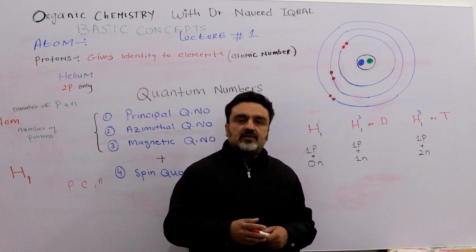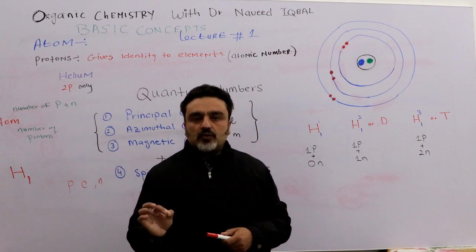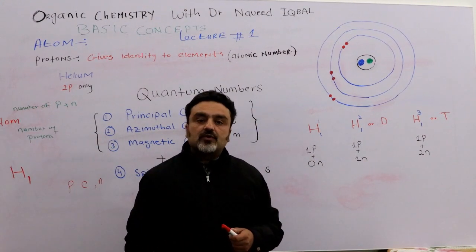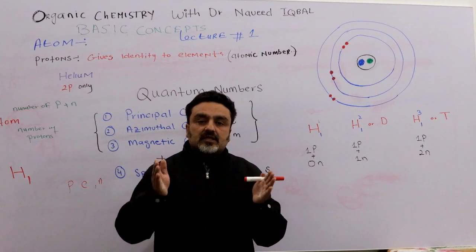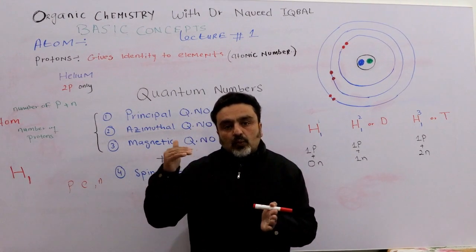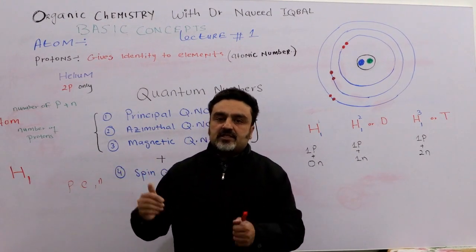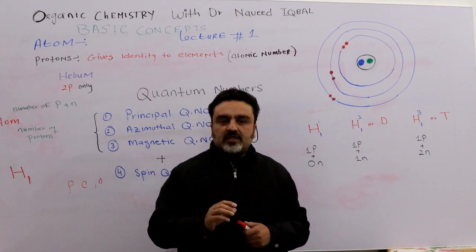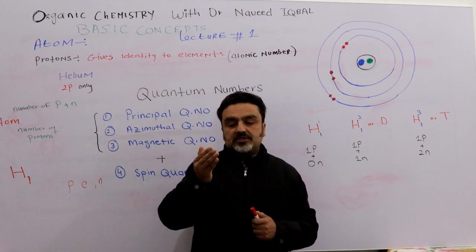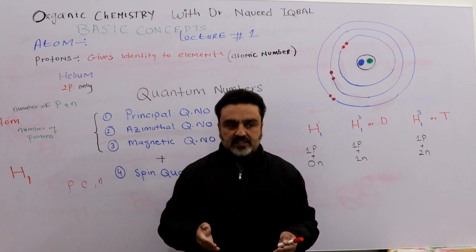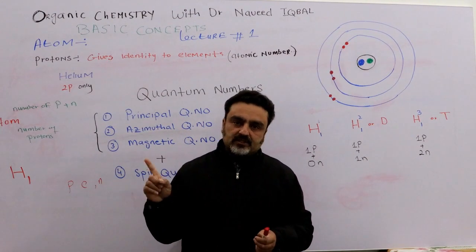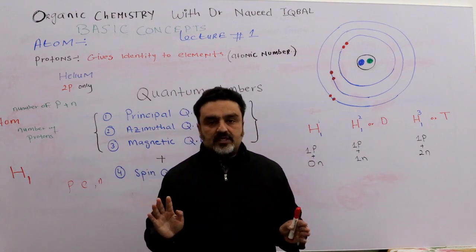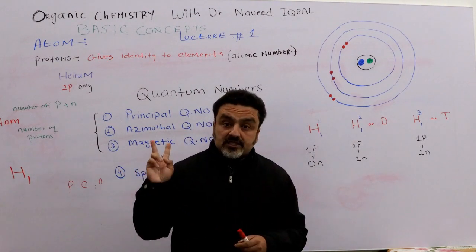Let's look at the proton. Proton is a positively charged particle, and it is very important, because it's the proton which decides what atom it is. Suppose an atom has 1 proton, you should definitely say that it's hydrogen. If it has 2 protons, its nature is changed. It's not hydrogen, it's called helium.